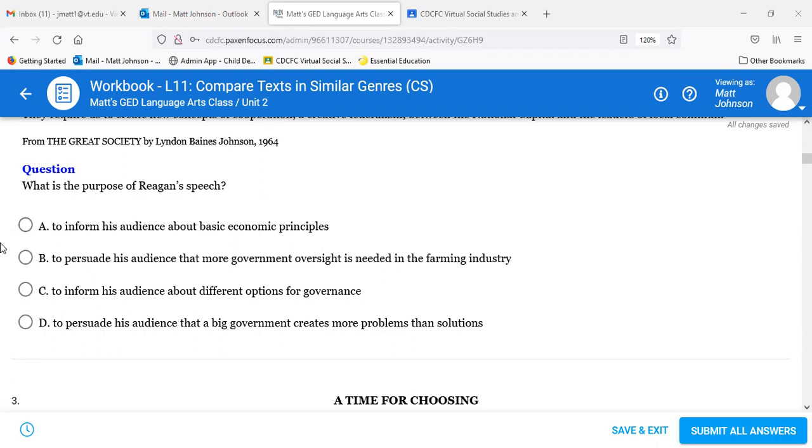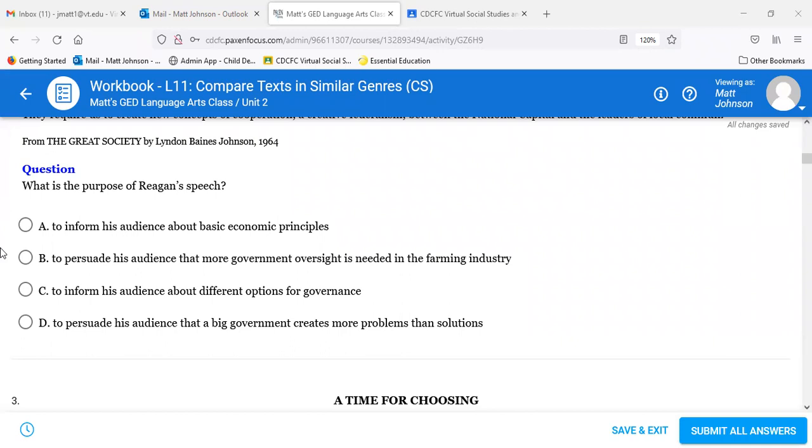B, to persuade his audience that more government oversight is needed in the farming industry. C, to inform his audience about different opinions for governance. And D, to persuade his audience that a big government creates more problems than solutions.